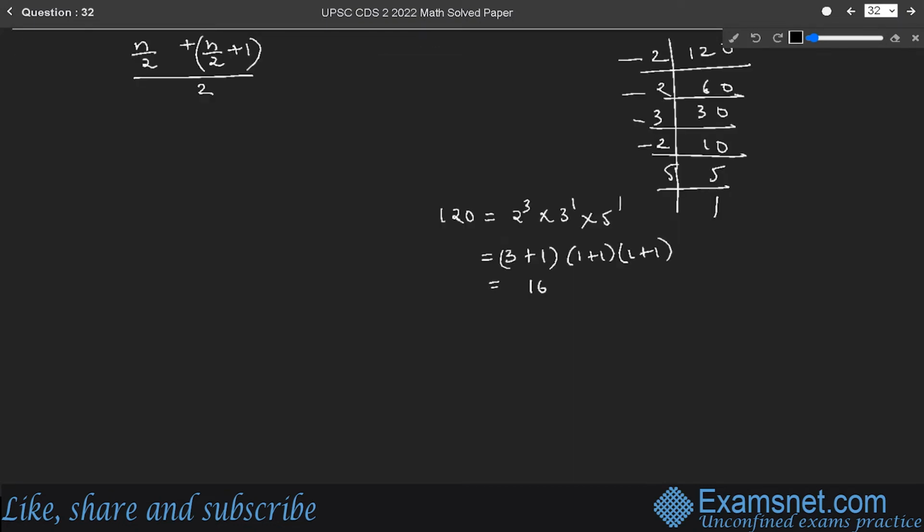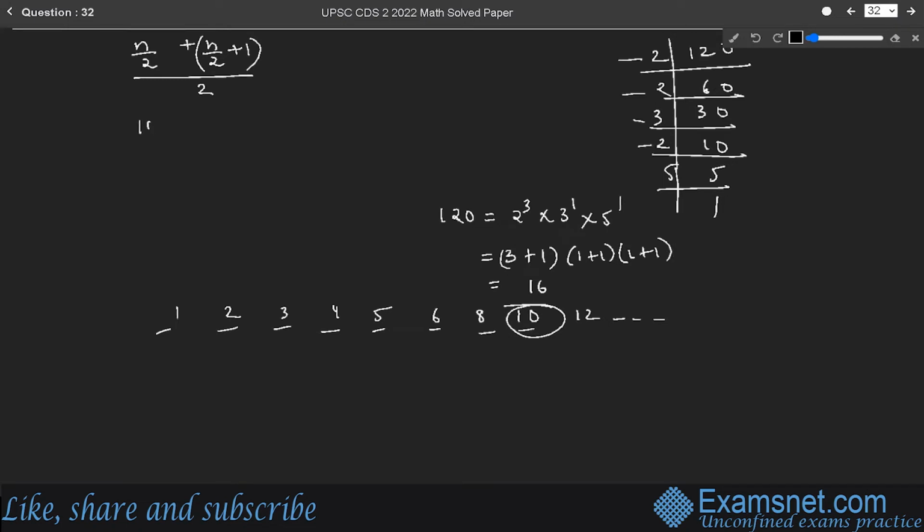The factors will be 1, 2, 3, 4, 5, 6, 7 will not be a factor because 7 does not divide 120. So 8, then 9 will not be a factor, 10, then 11 will not be a factor, then 12, and so on. But firstly, we have to look for the 8th term because we know that n by 2 is 8. So the 8th term is 1, 2, 3, 4, 5, 6, 8, 10. This is the 8th term, which is 10.